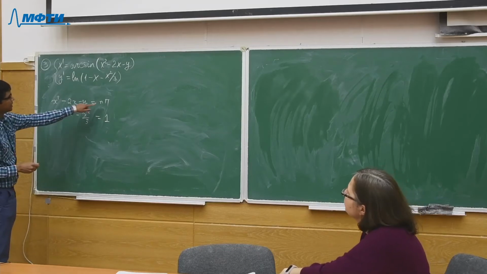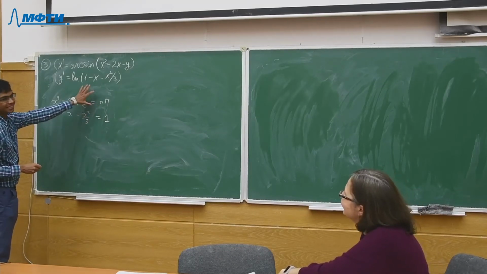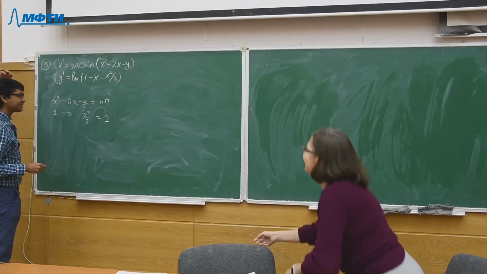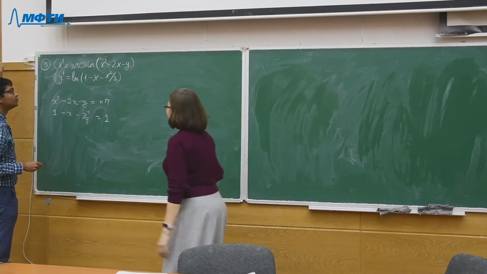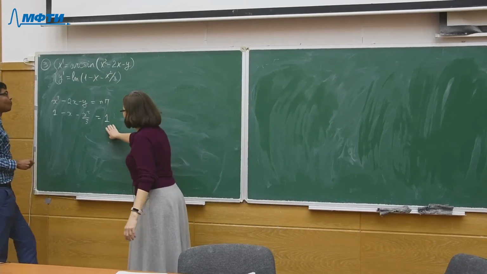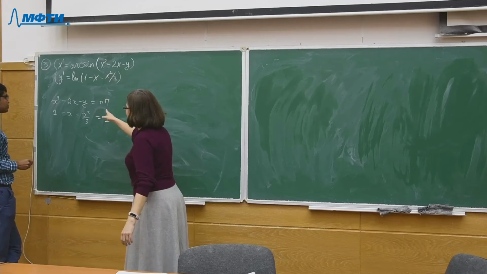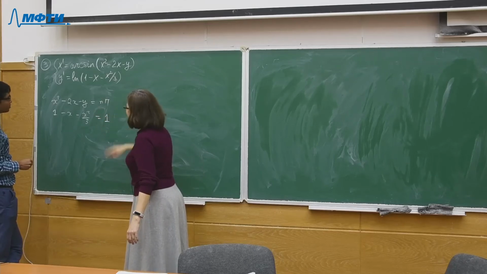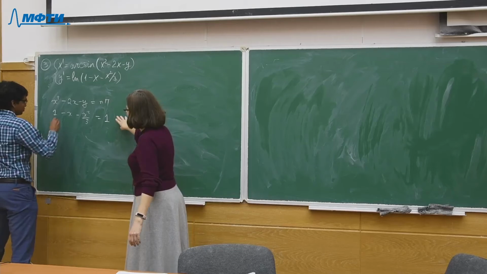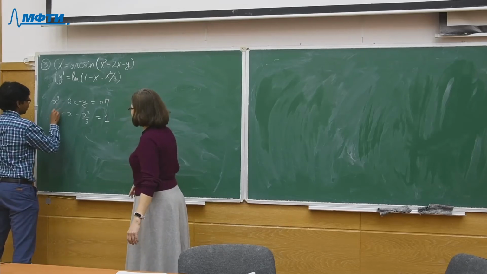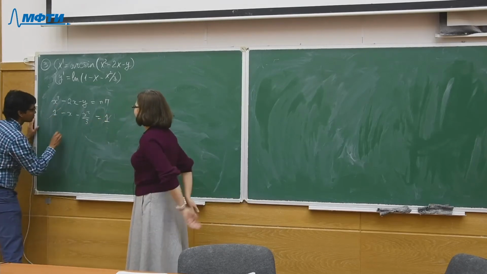Now n pi, should we consider just 0? Yes. So I suggest to solve this first and then substitute in this equation. So find x. Yes, I think we can find x first.